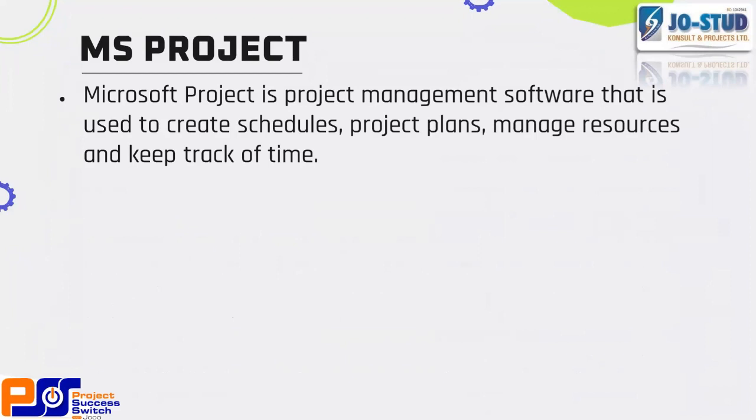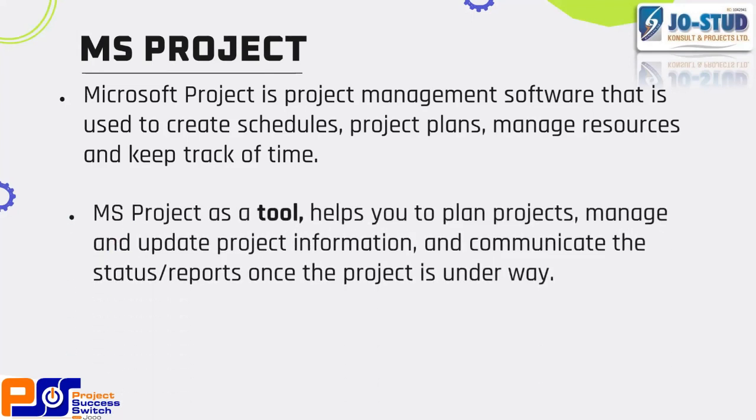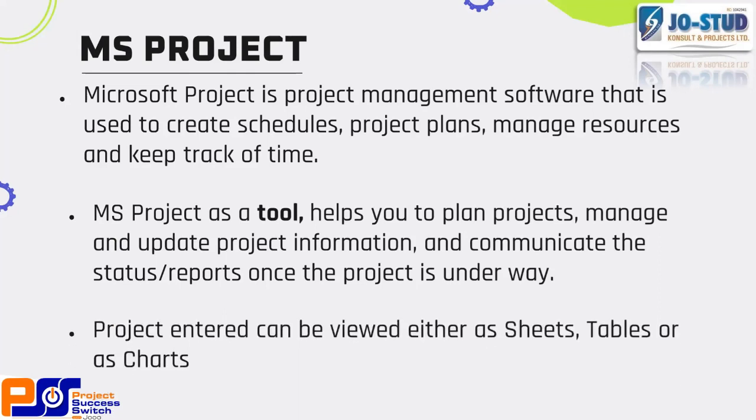You can manage your resources, and then you keep track of time. Like I said, when I show samples later, you will see what I mean by keeping track of time and managing your project resources. But it's a project management software. It's a scheduling tool. You can use it to plan your project. You can use it to update information.